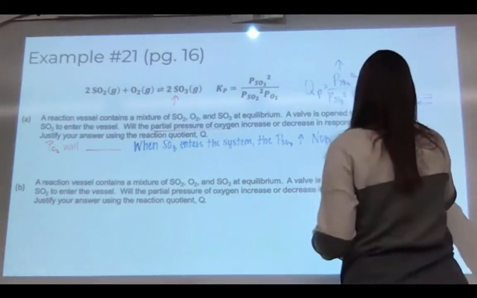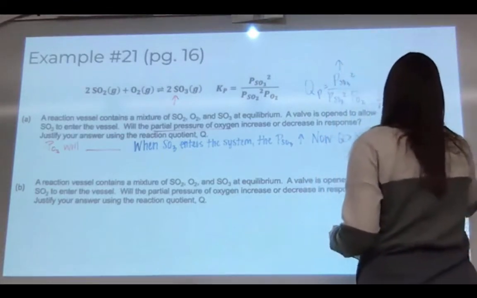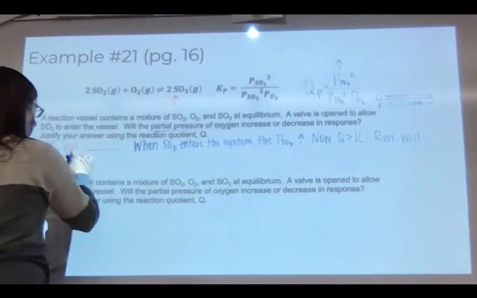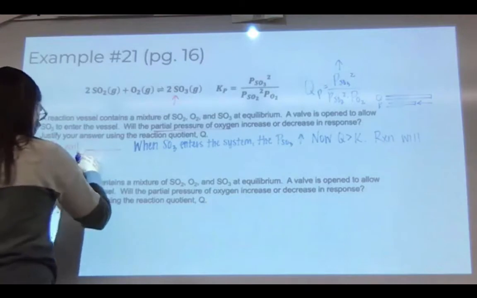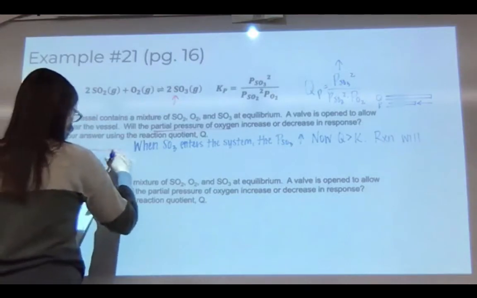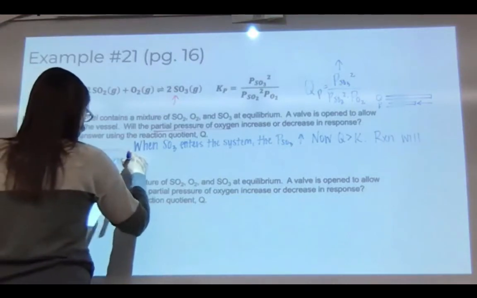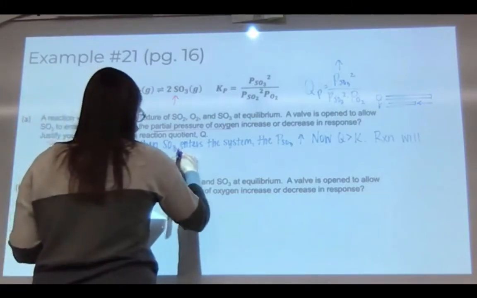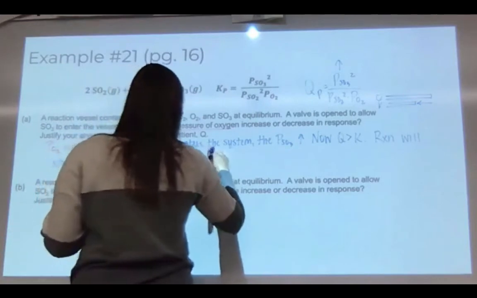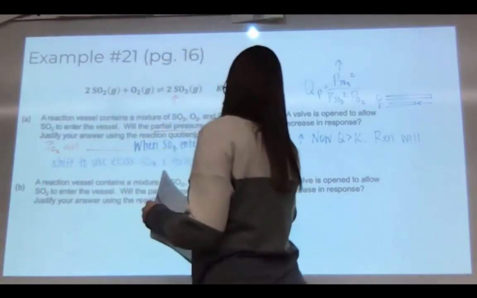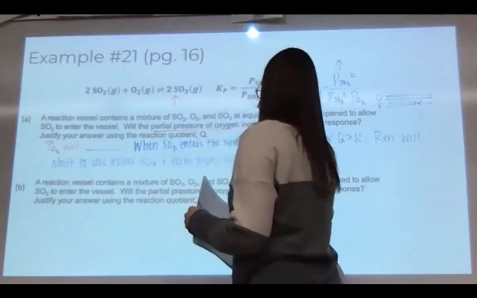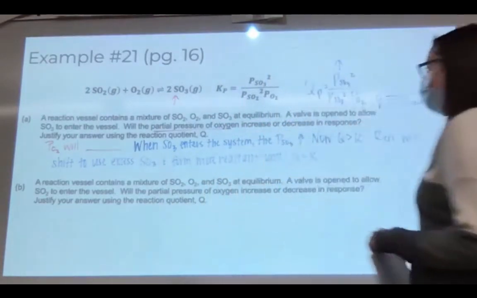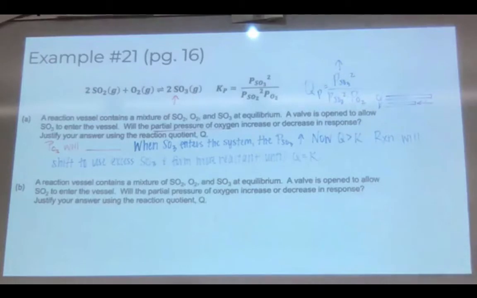So I will say the reaction will shift to use excess SO3 and form more reactant until Q equals K. So let's think about what we said now, because we have to actually answer the question.